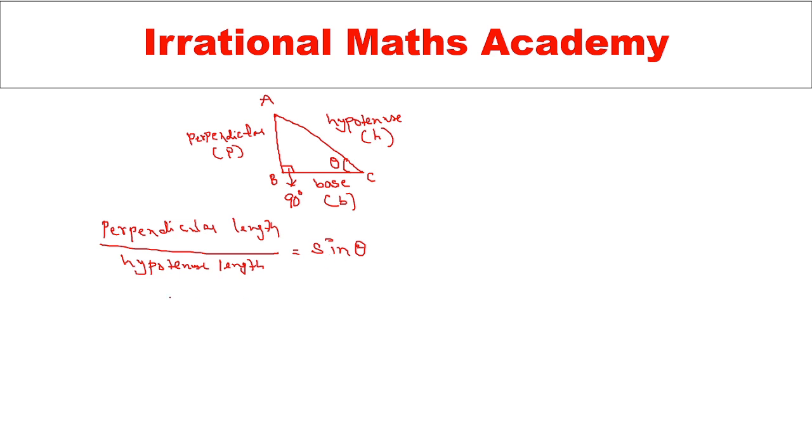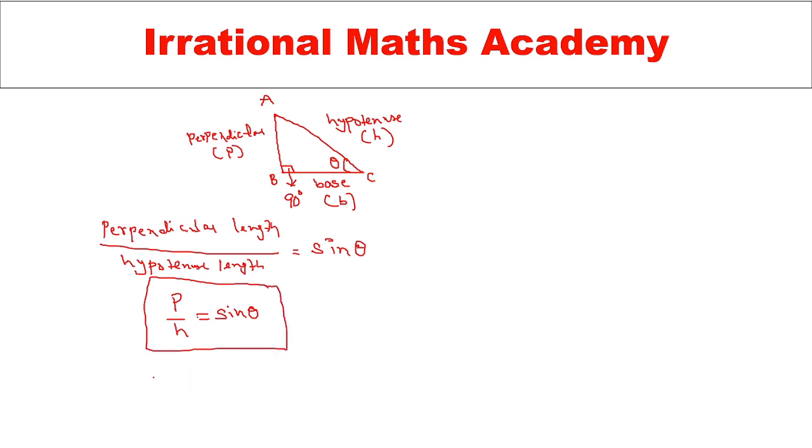Did you get it? So simplified, P by H. Perpendicular length I represented by P and hypotenuse by H. So perpendicular length by hypotenuse length ratio, we call it what? Sine theta. This is the first ratio you need to remember. Is it clear?